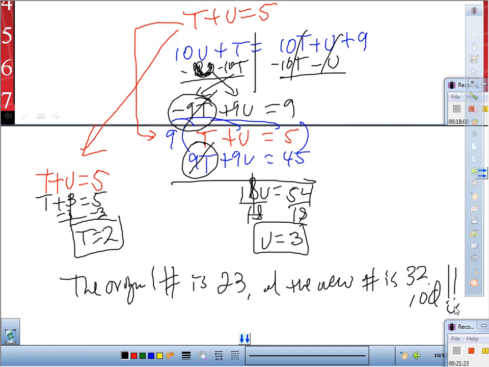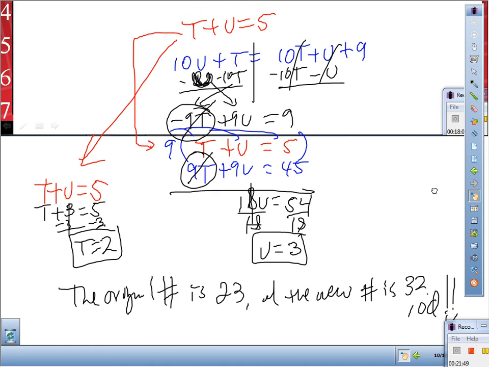Did you get that? Okay, good. We did use the 5 for the original. Yes. Why would it be 5? Okay.